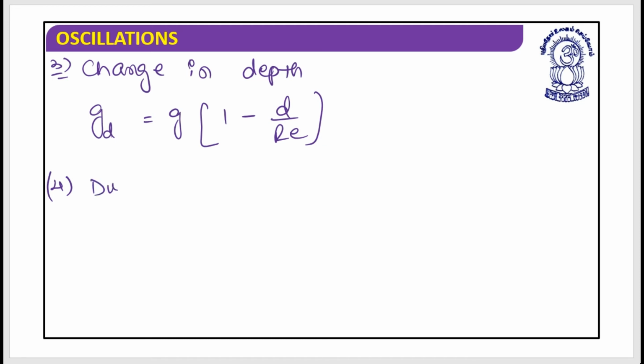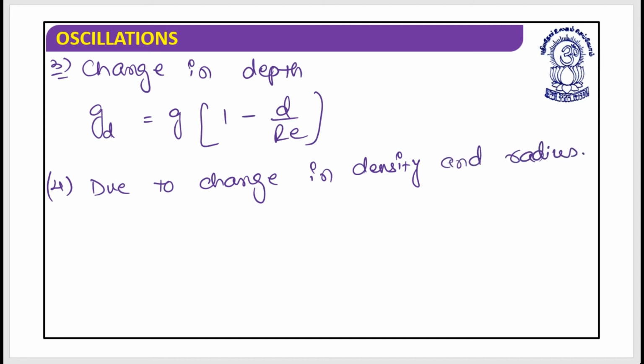Next, due to change in density and radius. As the density and radius change, g changes. How? That is given as g directly proportional to the density into radius. This is due to change in the density and the radius. And next is due to rotational effect.